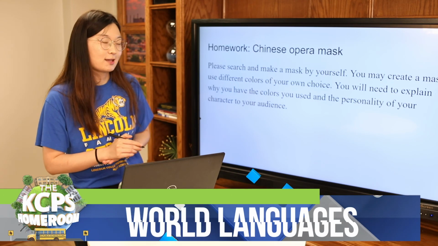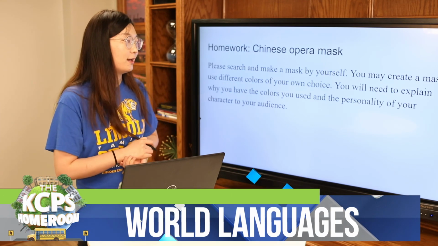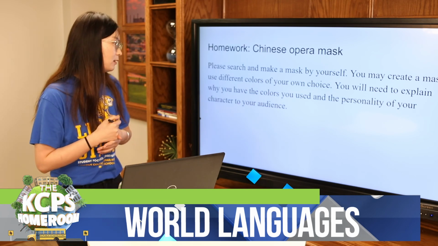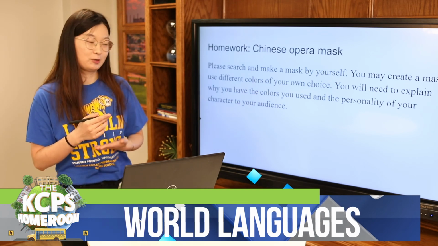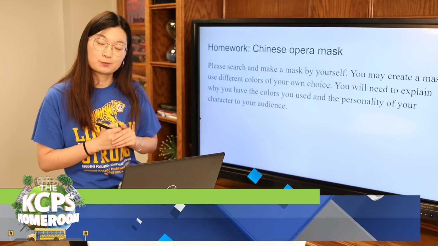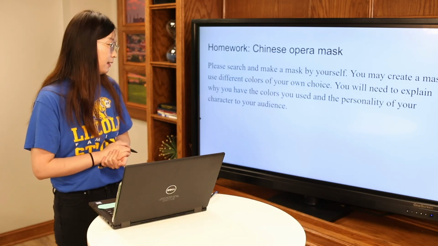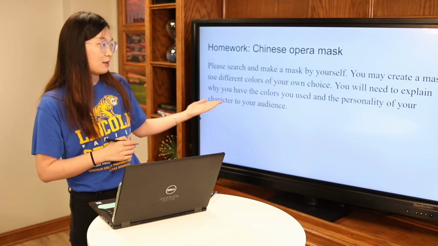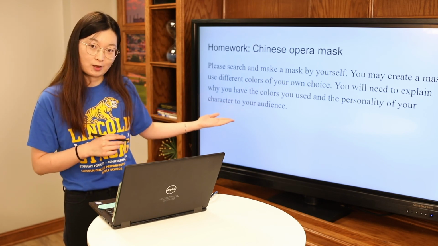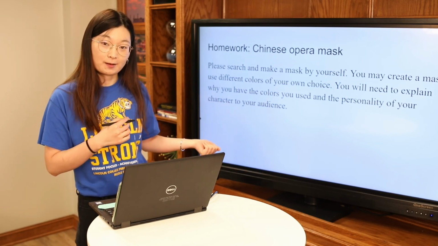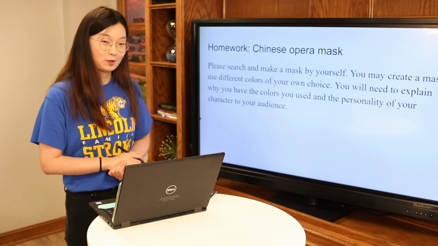Okay, or you can just use the original ones, and then you will need to explain why you have the colors you used. Do some research about personality and the color in Chinese opera, and you're going to explain the use of the color and how they connect to the personality of your character to your audience.